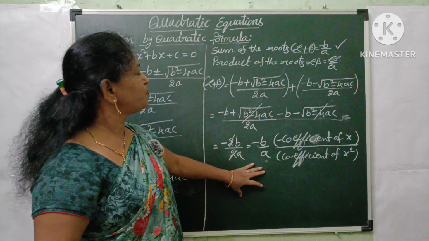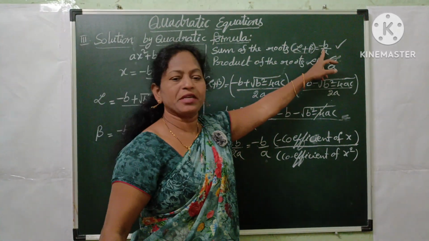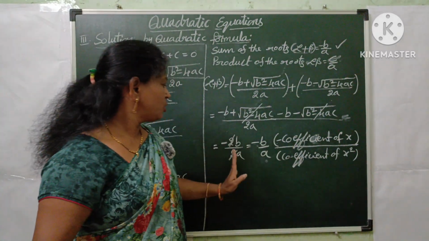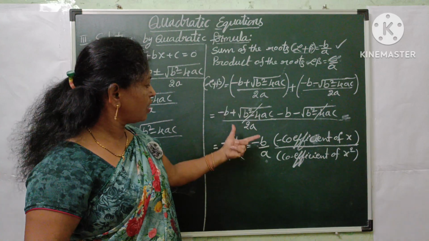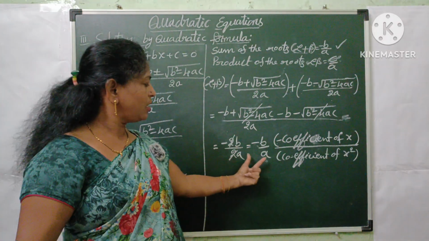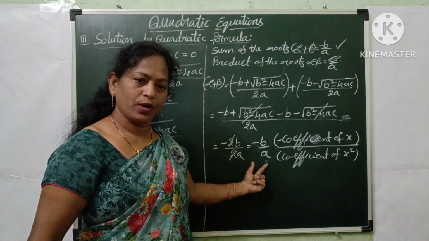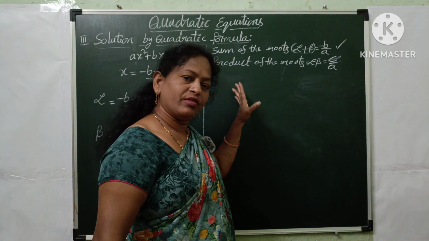So hence it is proved. Sum of the roots alpha plus beta equal to minus b by a. Hence it is proved. Next one is the product of the roots.